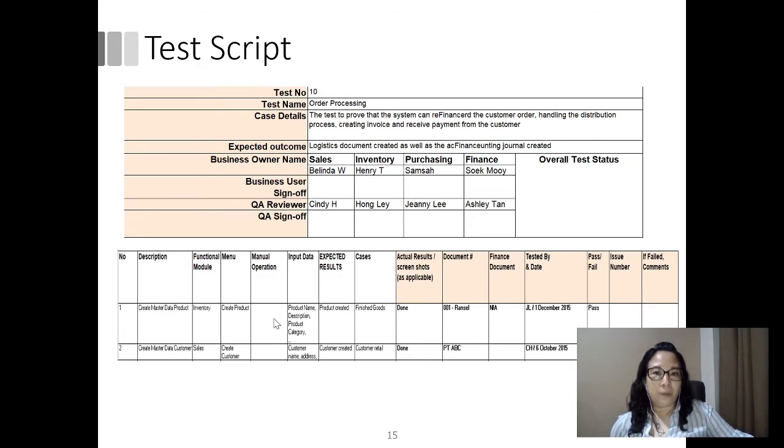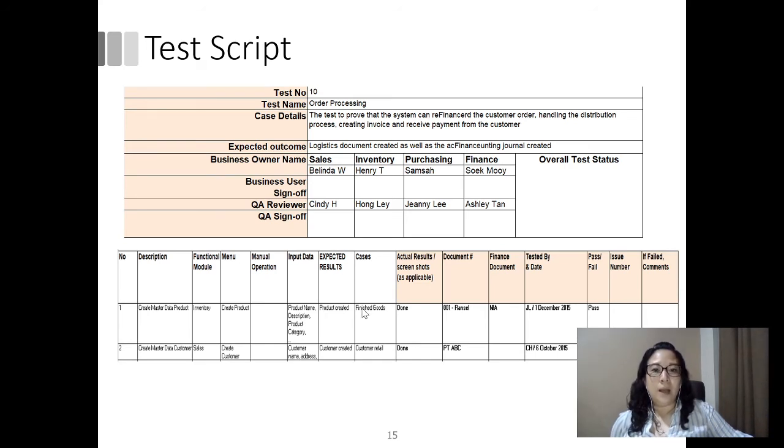But if the process is done in the system, then we don't need to fill in the manual operation. Then we define the input data. In order to create the master data product, what we need to input, for example, is the product name, description, and so on. And what will be the expected result? We expect the product is created, and the case is when we create the finished goods product.